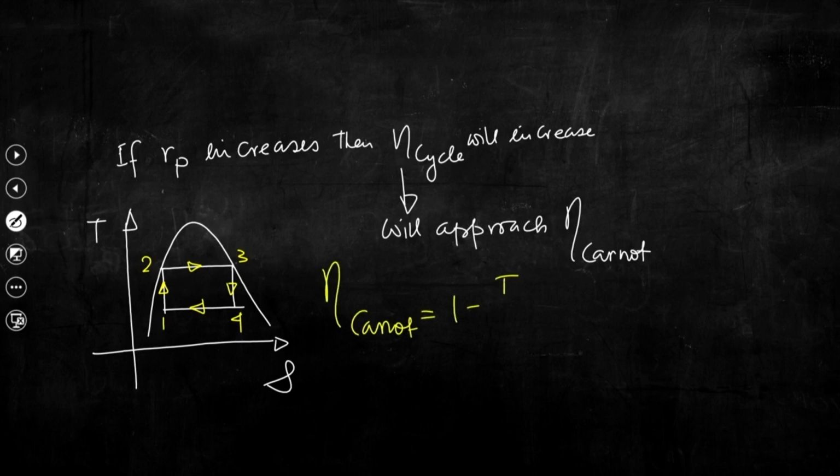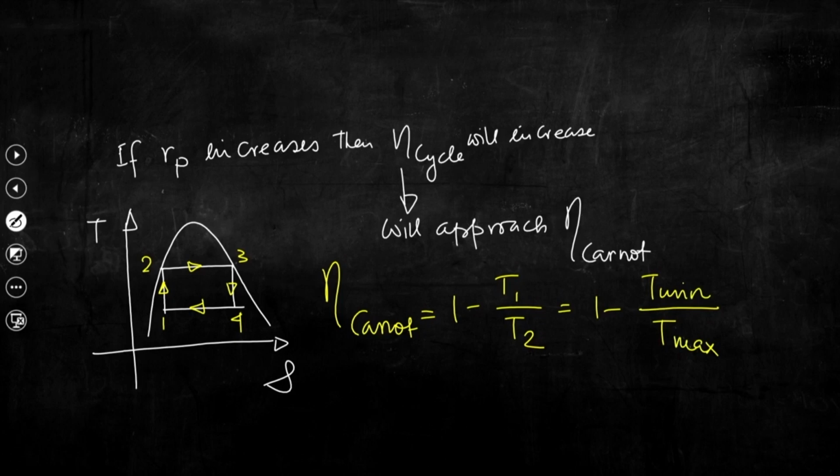It is equal to 1 minus T1 divided by T2, that is 1 minus T min divided by T max. So, this is the Carnot efficiency.